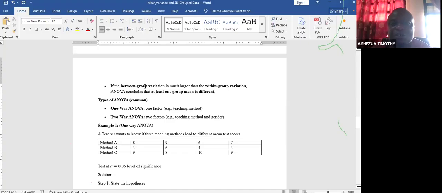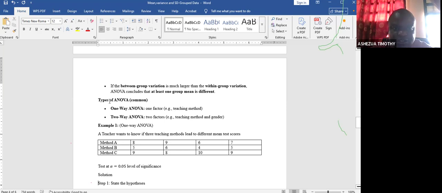We have what we call between group variation and within group variation.